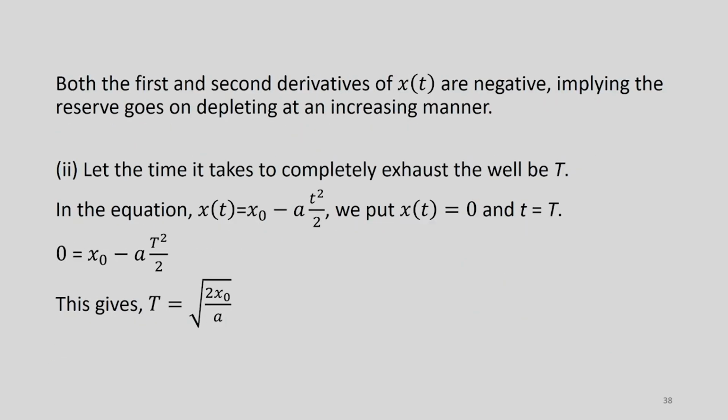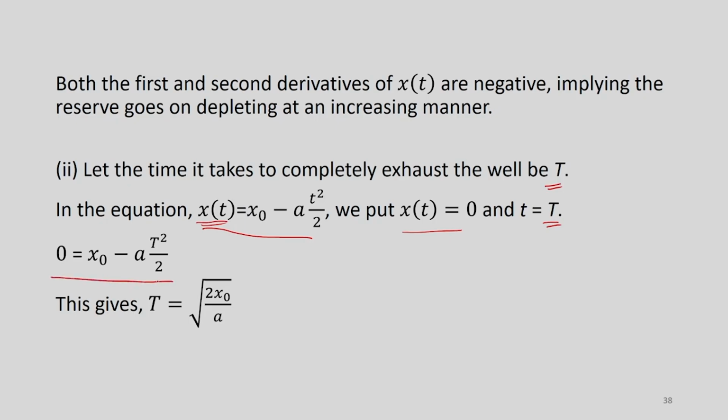Okay, so what do we do? This is the equation of the oil that is left, right? We put the oil that is left equal to 0, and the time at which it becomes 0 is capital T, that we have assumed. So, I put small t equal to capital T and I put the LHS equal to 0.